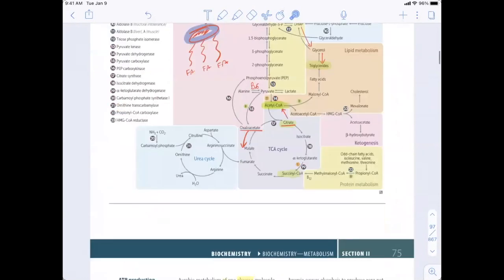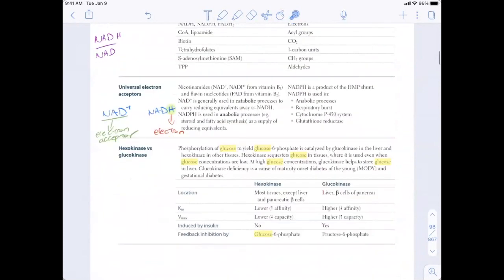So when we talk about something like a hexokinase or a glucokinase, they're all kinases. So they're adding phosphates to glucose, which is a hexose sugar, because it has 6 carbons. Both of these enzymes can be the very first step of glycolysis, changing glucose to glucose 6-phosphate.